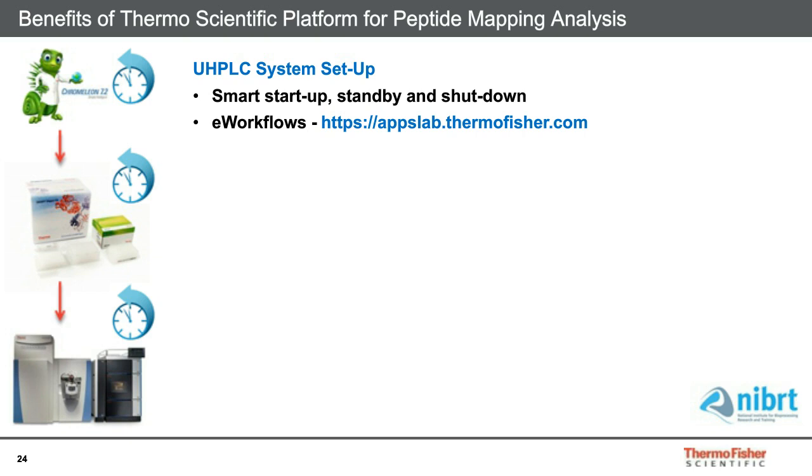This feature can be combined with your sample queue, so it really saves a lot of time in the initial startup. I also find the availability of eWorkflows very useful, as these are pre-developed methods that may be downloaded from the AppsLab website, appslab.thermofisher.com, and directly uploaded onto Chromeleon, thereby almost entirely removing the need for method development and optimization in many cases for many different methods that are frequently used in biopharmaceutical analysis.